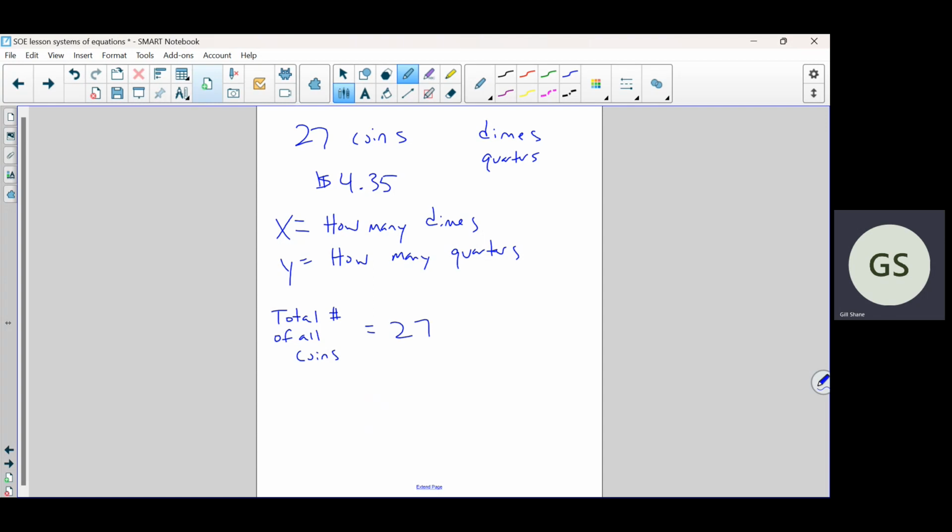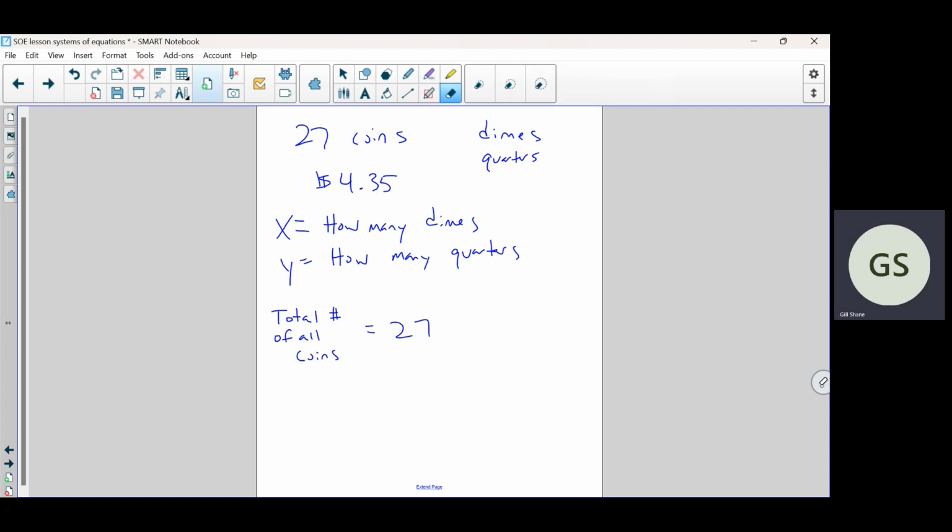This equation has 0 to do with money. How much money I have. It says how many coins do I have? Well, what is this made up of? What are all the coins? Like if I got a pile of 27 coins, what is that pile of coins made up of? What's in that pile? What kind of coins? So wouldn't the 27 be made up of how many?